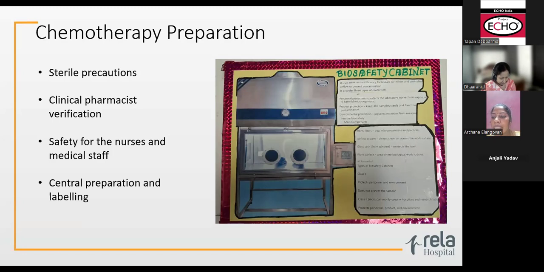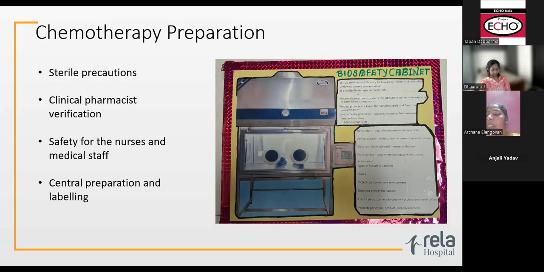Bedside, with appropriate labeling, double check the identity. Before giving medicine, ensure good backflow and forward flow. Then ensure hydration, especially with cisplatin, cyclophosphamide, and ifosfamide. Ensure measures for safety. We have syringes and vials.